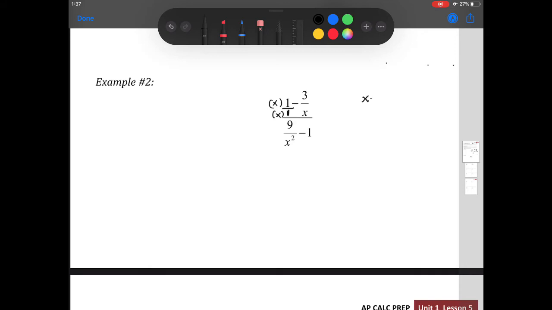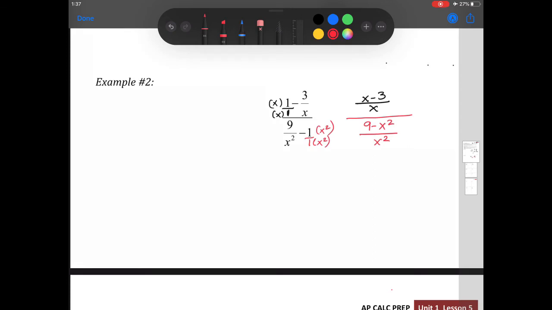So it's going to be x minus 3 over x in the numerator. Similarly, I'm going to change colors. So this is over 1. My LCD is x squared, so I'm going to multiply this by x squared and this by x squared, right? So what do I get in the denominator? It will be 9 minus x squared over x squared, right?